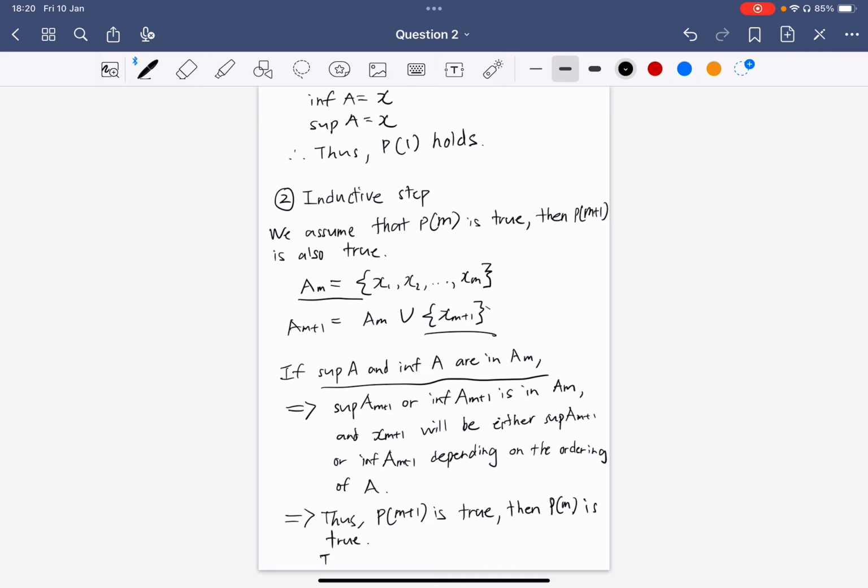And then finally, thus, by induction, Pn is true for all n in the set of natural numbers.